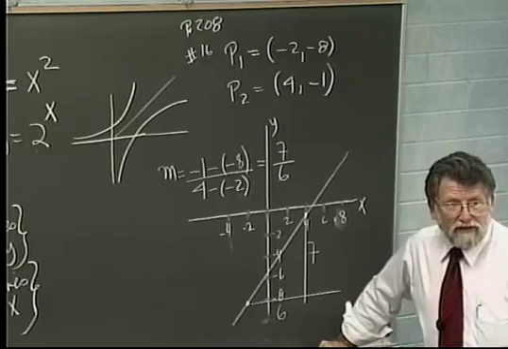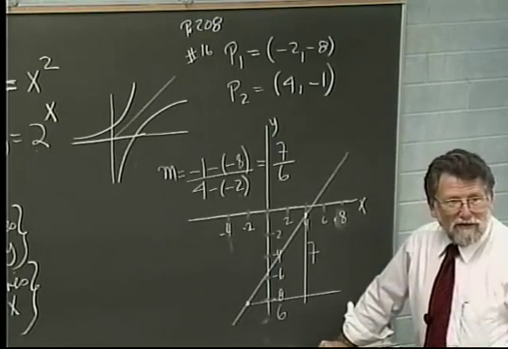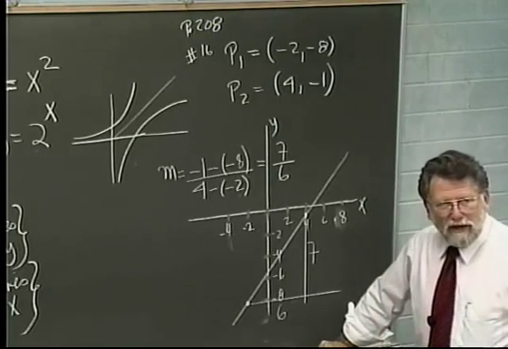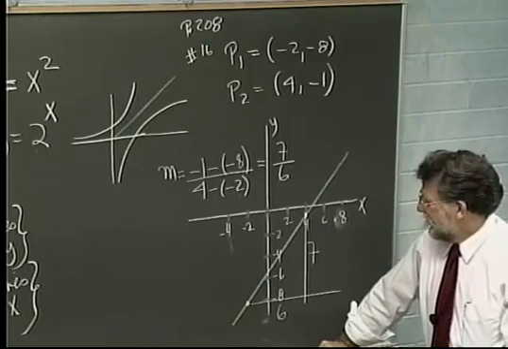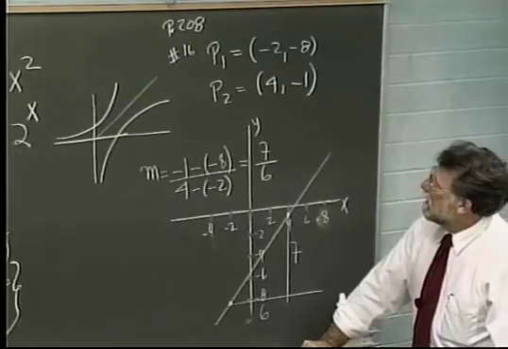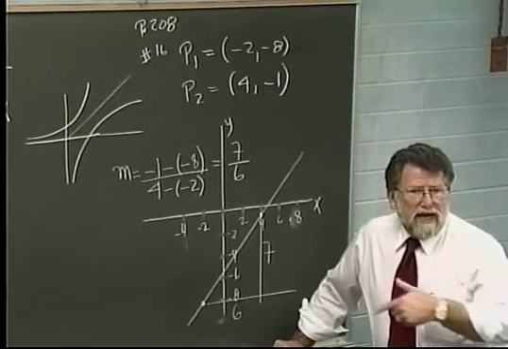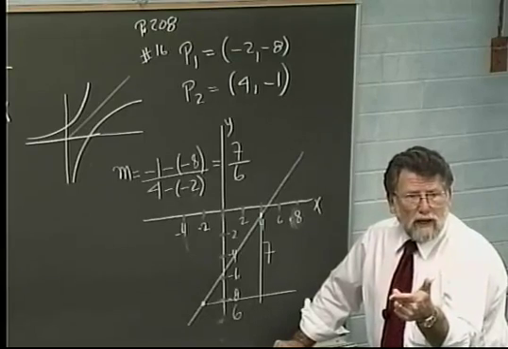Now, what makes the problem a little bit easier? Keeping your P1 and your P2 in the appropriate reference: P1 on the left, P2 on the right. I look at the x's. The x that's most to the left I call P1.